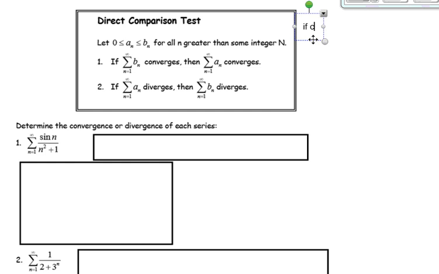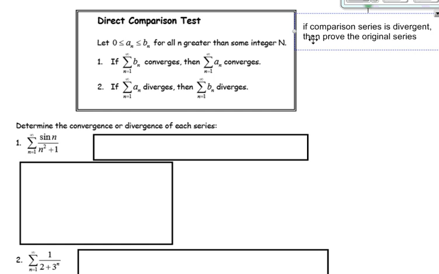So if your comparison series is divergent, then you want to prove that the original series is bigger than the comparison. Okay, so what we're looking at, and as you can see, it has this inequality here.